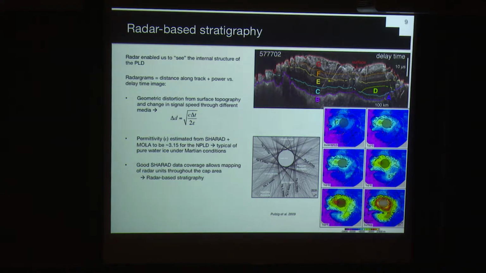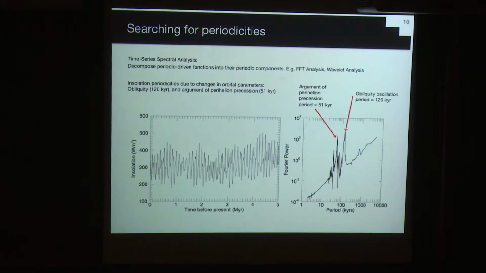Okay, so what we want to do, as I mentioned before, is all driven by the connection of the PLD to climate. That's our main goal. And so in order to search for these periodicities in the data, and see if they correlate to the variation in orbital parameters, we use techniques known as time series analysis or spectral analysis.